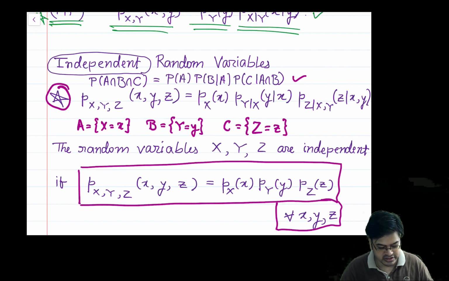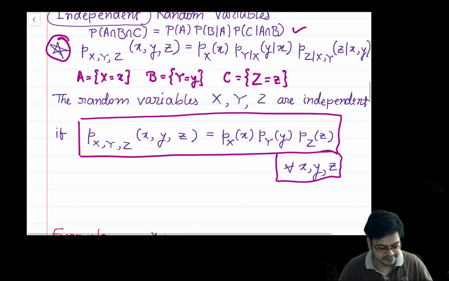Let me demonstrate this to you through an example in this small space that is available to me.